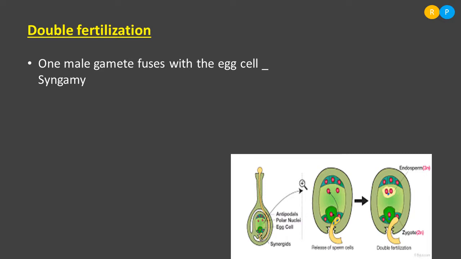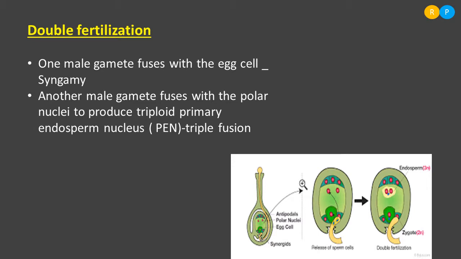Understood, right? So the other male gamete fuses with the polar nuclei to produce the triploid primary endosperm nucleus. When the male gamete fuses with the polar nuclei, it results in the formation of the triploid primary endosperm nucleus.